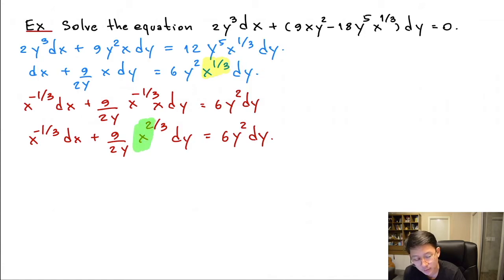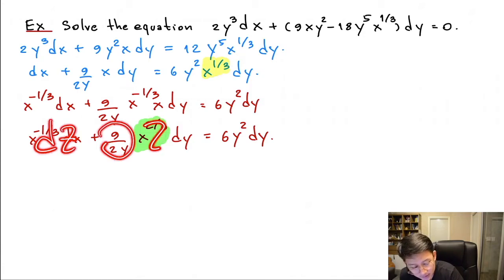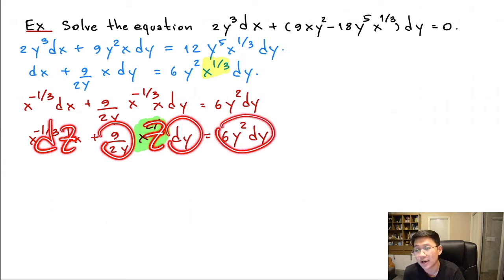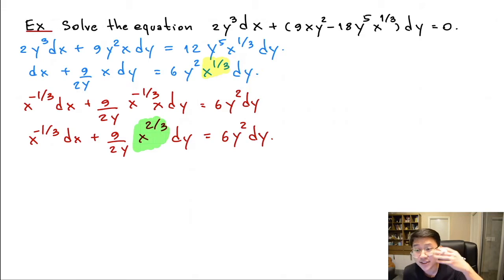We want this guy to be z, so that we have some dz, some yz dy, and some y, right? So just use your reason, okay? Just don't memorize all the things. You can't memorize all the things, otherwise your memory is going to be full.